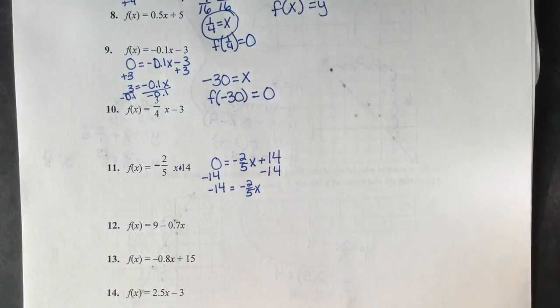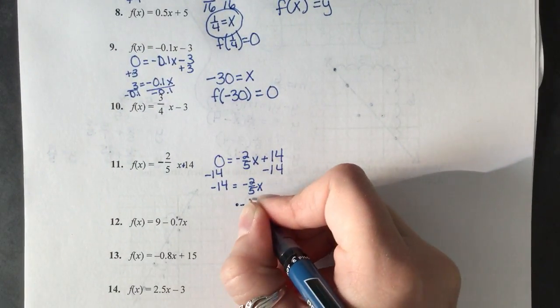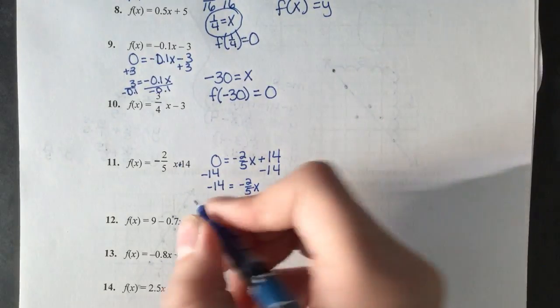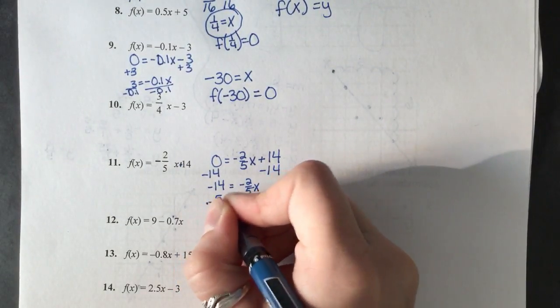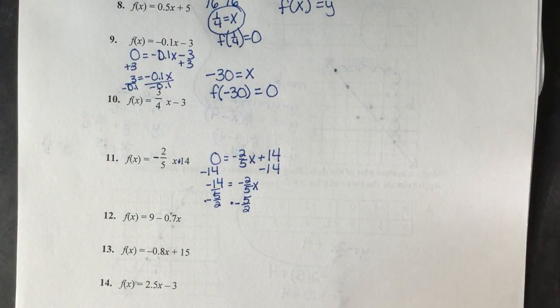We could divide by negative 2/5, or we could multiply by the reciprocal. The reciprocal is 5/2, putting 14 over 1, so we can multiply those fractions.